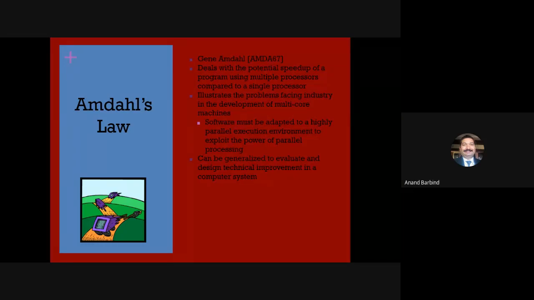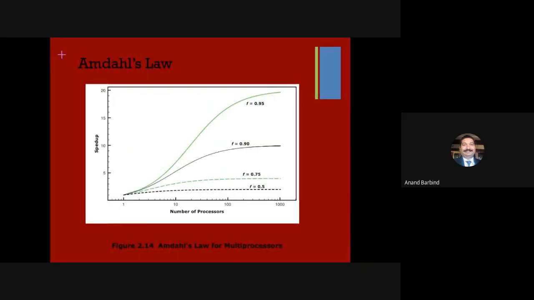Amdahl's law tells about the balance, or the formula, of how your software should be, and to what level you should increase your processors in that particular system. It can be generalized to evaluate and design technical improvements in a particular computer system. This is what is specified by Amdahl's law.